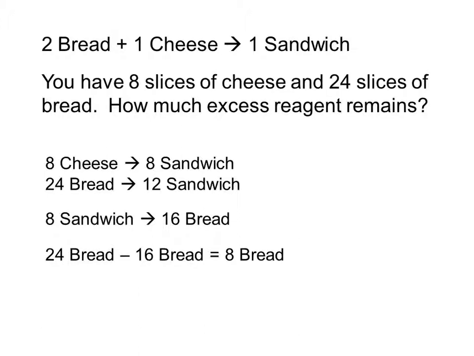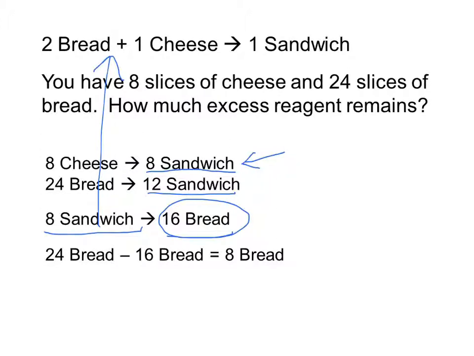So we know we can make only 8 cheese sandwiches, right? Because that is our limiting reagent. Here's our smaller amount of these 2, right? 24 pieces of bread gives me 12, 8 cheese gives me only 8 sandwiches. I know for 8 sandwiches, based on my balanced equation, I need 16 pieces of bread. I have 24 pieces of bread.